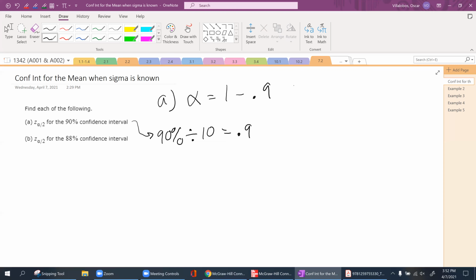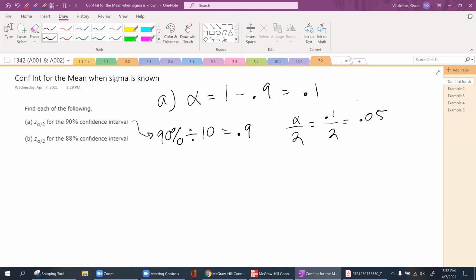My alpha on both ends put together is 0.1. To find alpha divided by 2, alpha is 0.1, divided by 2, so alpha divided by 2 is 0.05.